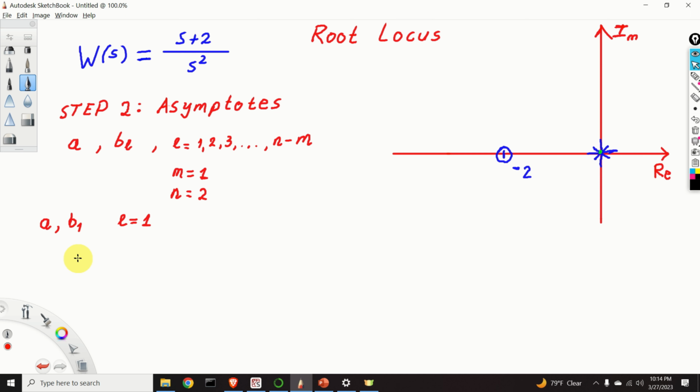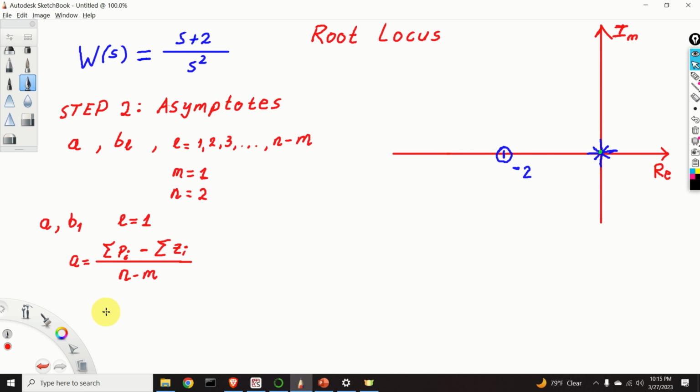Okay, next, let us write a formula for A. The formula for A is given by A is equal to the sum of poles of our transfer function minus the sum of zeros of our transfer function, and we are only taking finite zeros, divided by n minus m.